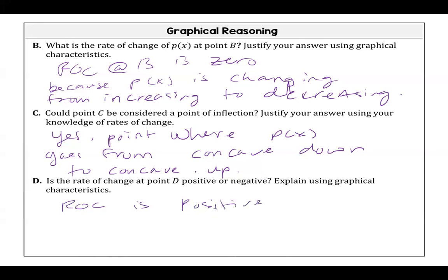Because P of X is concave up, or you can write that the rate of change is increasing.